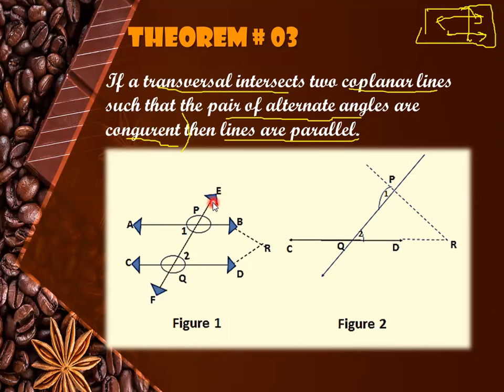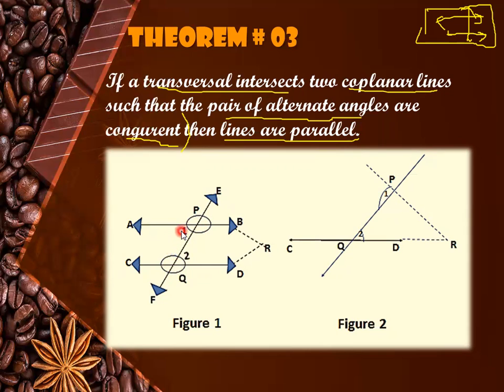After intersecting with the help of the transversal, alternate angles will be formed. Now you have to decide which will be the alternate angles. Basically, alternate angles are interior, lying inside the parallel lines. They do not have a common vertex; the vertex of angle 1 is this one and the vertex of angle 2 is this one.